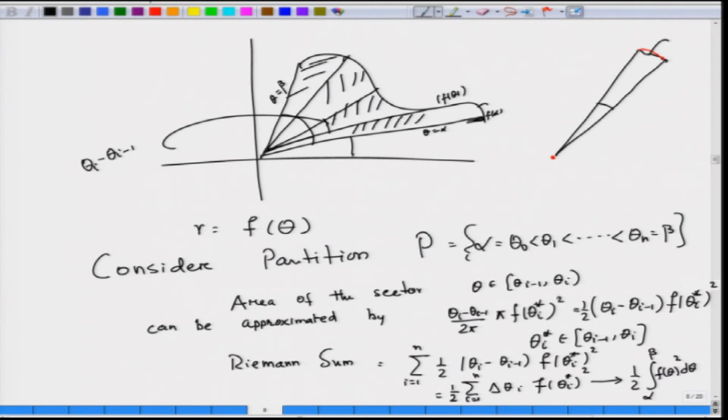In our notation of delta, we write this as half, sum i equal to 1 to n, delta theta i, f of theta i star square.